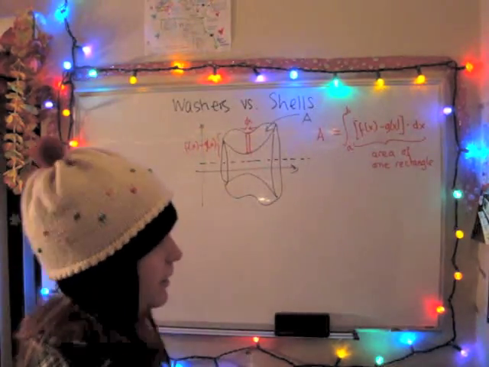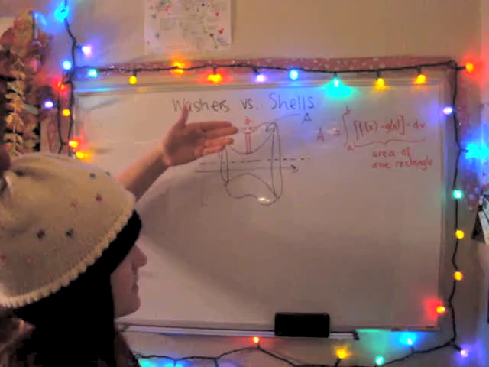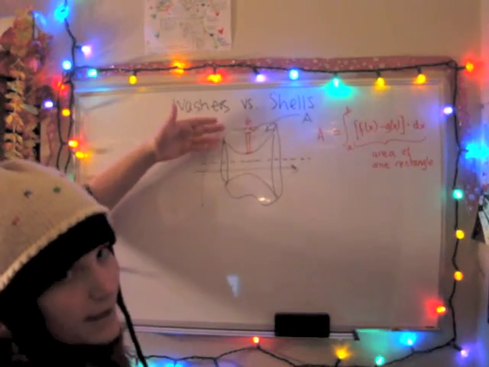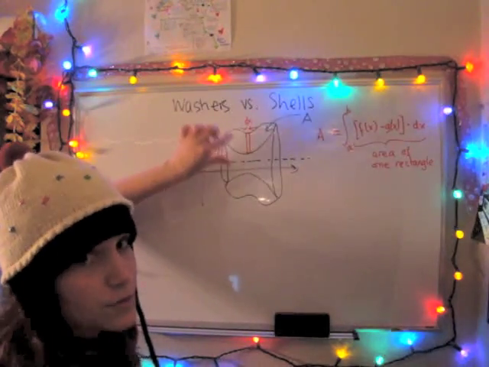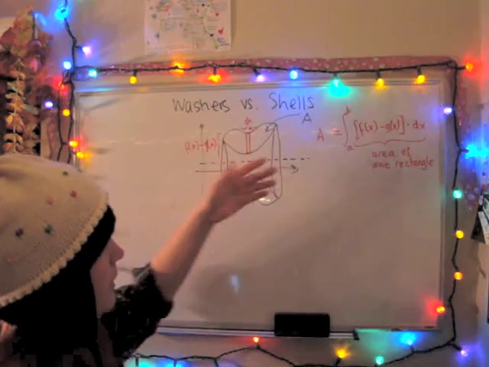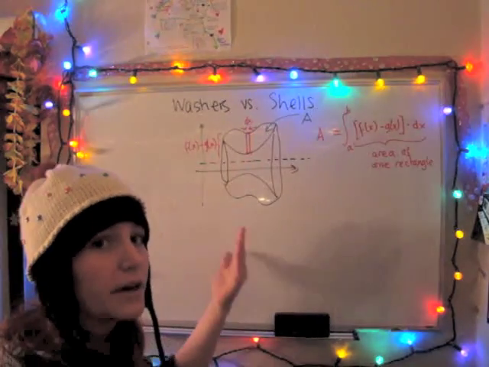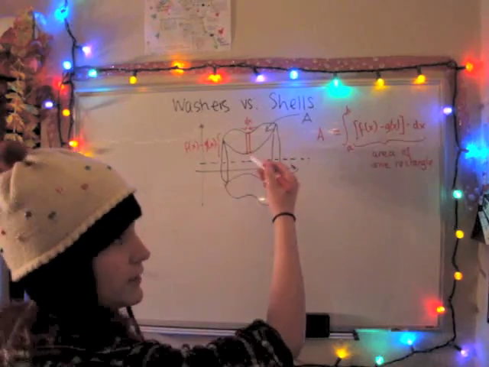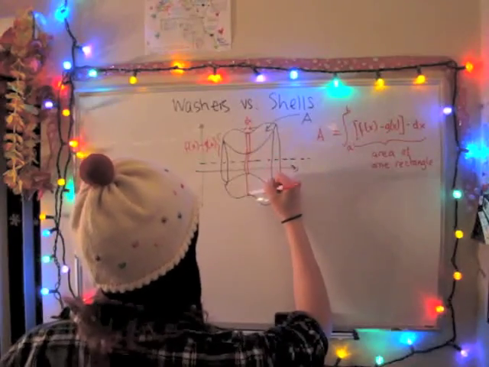So if we take our area rectangle, when you think about it, as the area A gets rotated into a solid, that area rectangle gets rotated with the rest of the area, right? I mean, the area A is the sum of the rectangles, so each rectangle is getting rotated. So if we rotate this rectangle, let's see what happens.